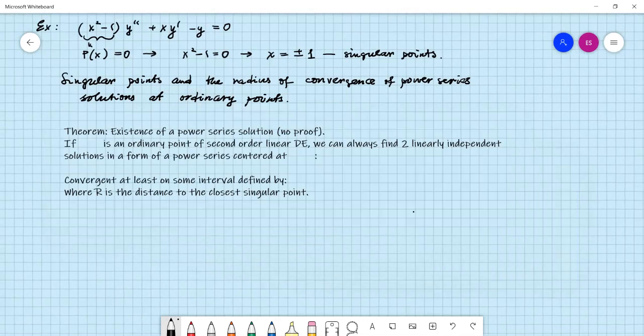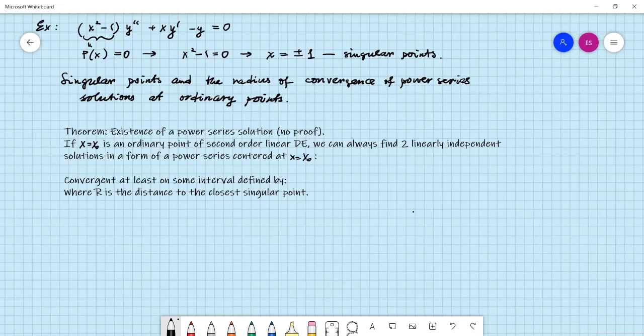So the theorem, existence of power series solution. I'm not going to prove the theorem, but I'm going to explain what is what in this theorem. If x equals x0 is an ordinary point of a second order linear differential equation, we can always find two linearly independent solutions in the form of power series centered at x equals x0.